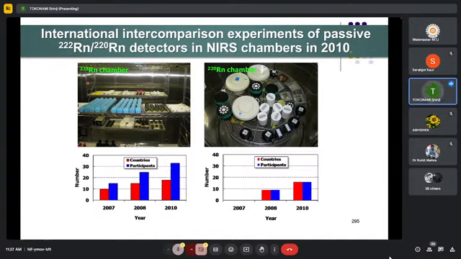In the case of the radon chamber, the number of participants increased year by year. And also we have some experience with intercomparison exercises for thoron detectors.